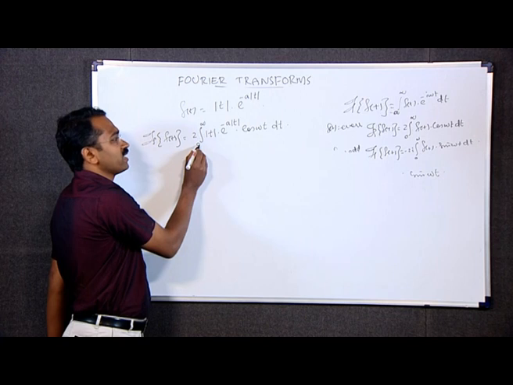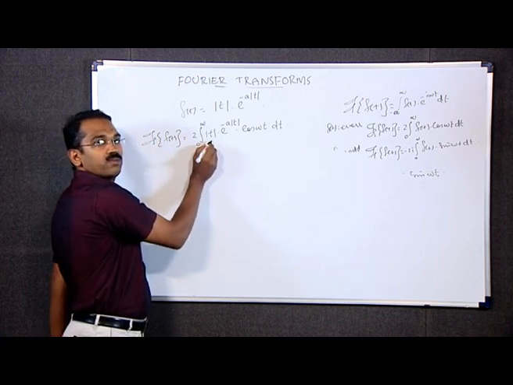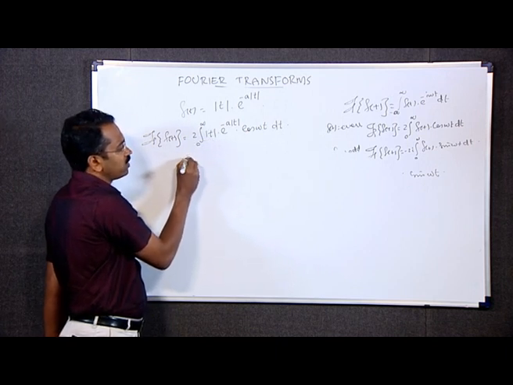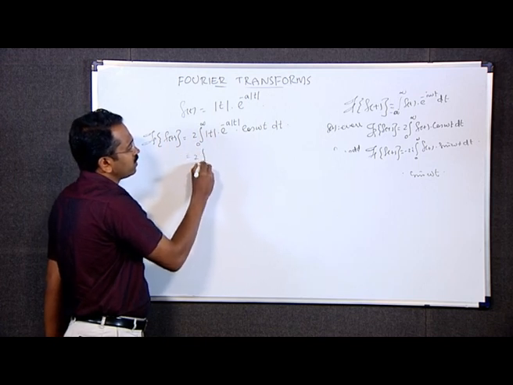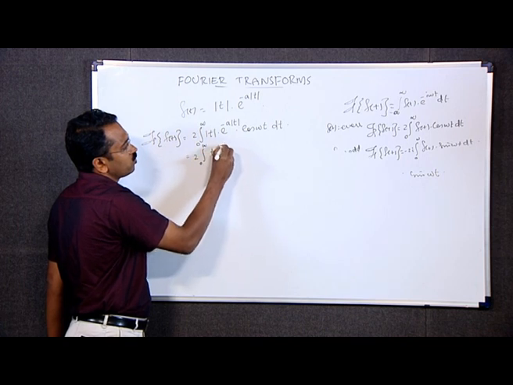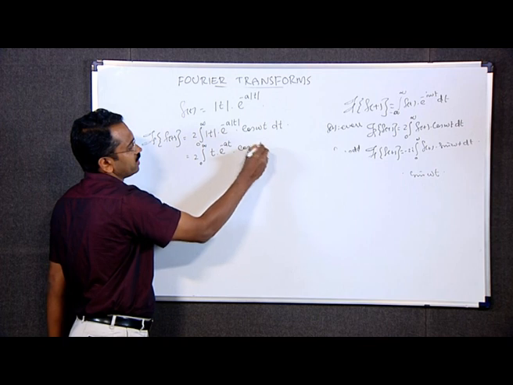In this range, that is, t from 0 to infinity, the modulus of t is t itself. Therefore, we can write this as equal to 2 times the integral from 0 to infinity of t into e raised to minus a t into cos omega t dt.